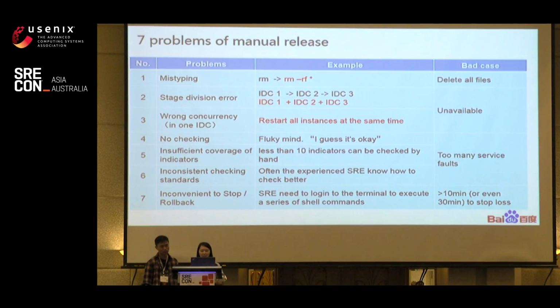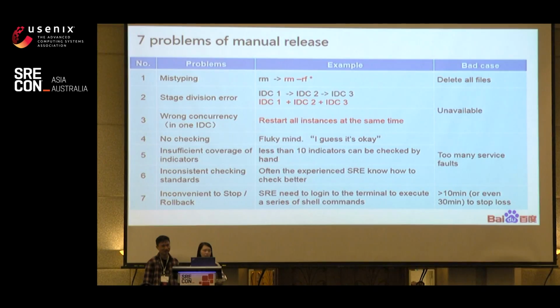4, no checking. Many people always have luck in mind, such as, I just modified one line of code, I guess it's okay. But the truth is, it's always wrong. 5, insufficient coverage of indicators. Less than 10 indicators can be checked by hand.